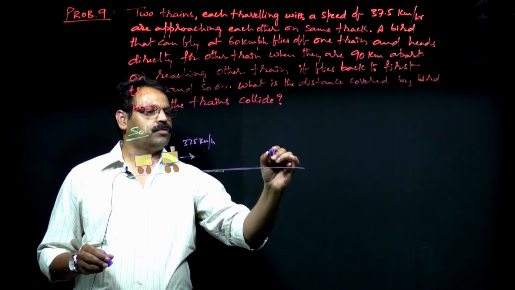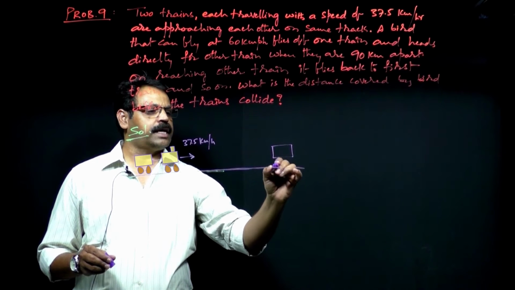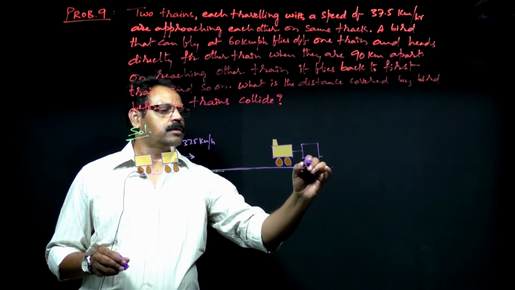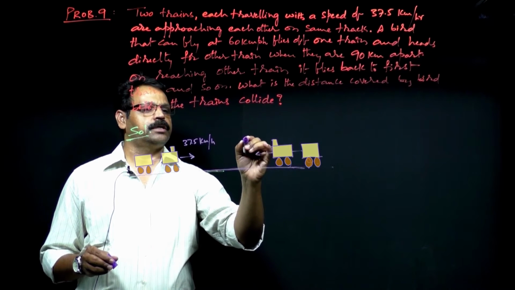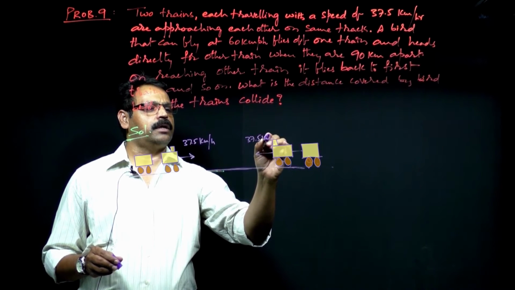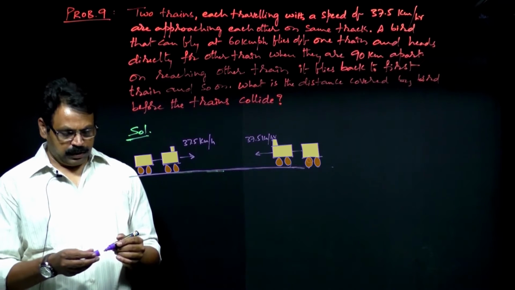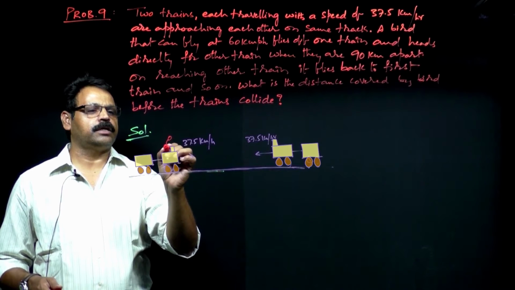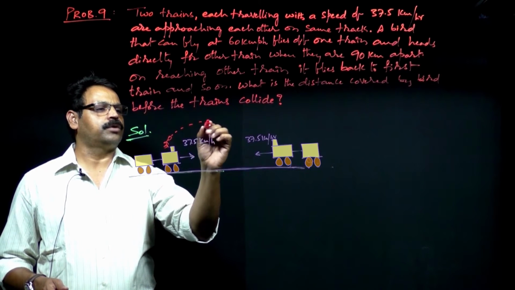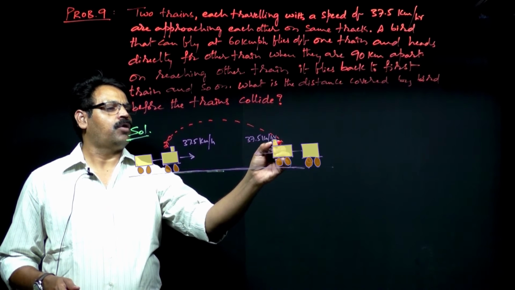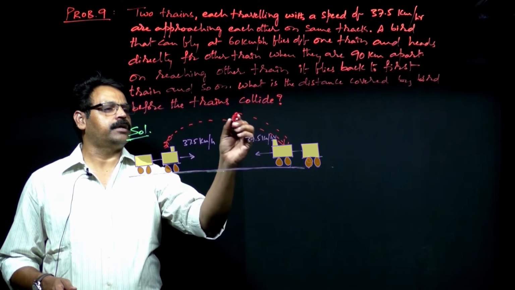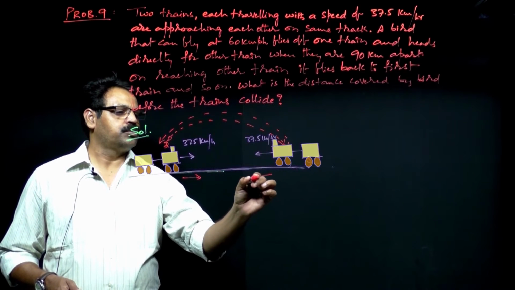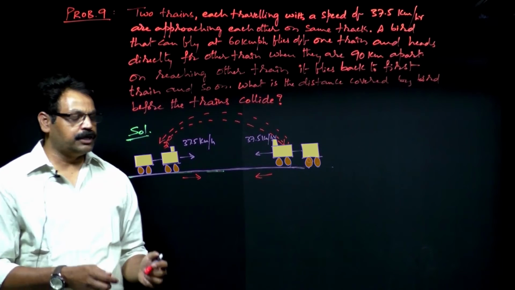There is another train over here which is moving exactly opposite to this with the same velocity, 37.5 kilometers per hour. Here a bird is sitting on this train, flying towards the other one, and after reaching it, flying back. By the time it flies back, the trains are moving towards each other and the distance is getting reduced.